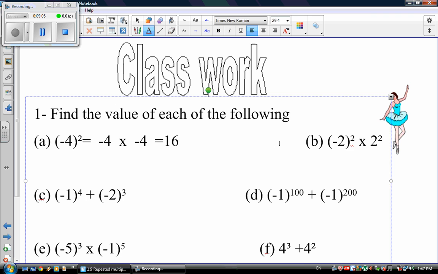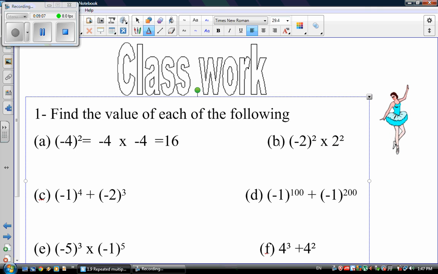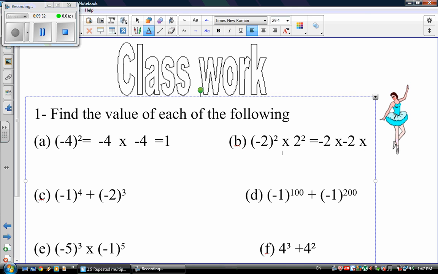The other one. Let's try number 3. Negative 2 to the power 2 means negative 2 times negative 2 multiplied by 2 to the power 2, which means 2 times 2.